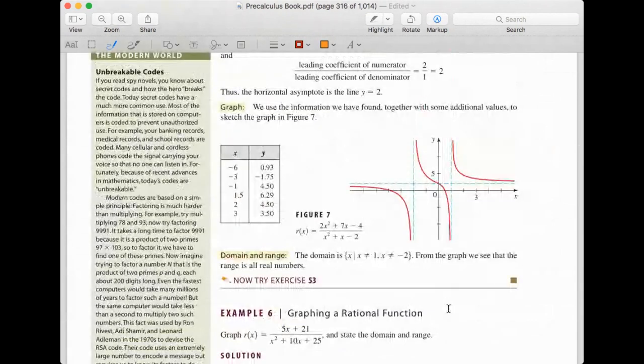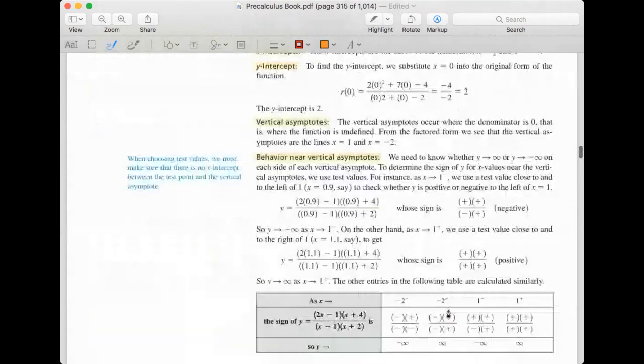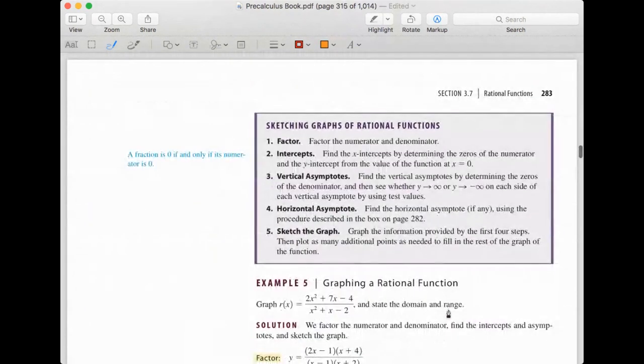Let's just quickly talk about graphing rational functions. Let's follow these steps. How do we graph rational functions? We want to put the numerator and denominator in factor form. We want to find the intercepts, meaning x-intercepts and y-intercepts.